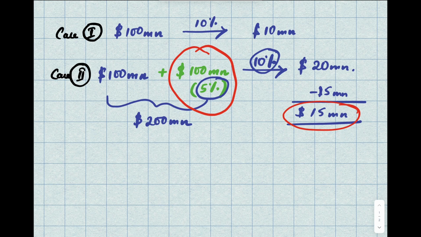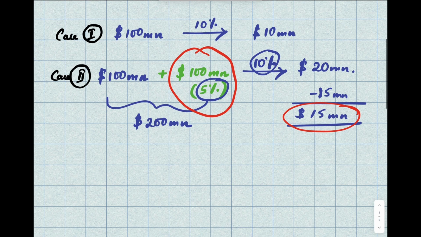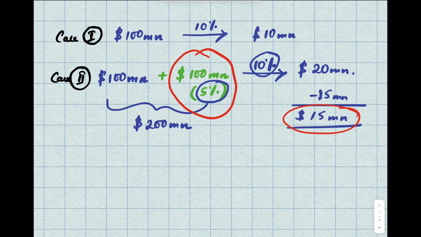which is higher than this, right? So what do you conclude from this particular example? You can conclude that using leverage, that is by borrowing money, you can generate higher profit, given the scenario that the cost of borrowing is less than the return which you'll be generating.